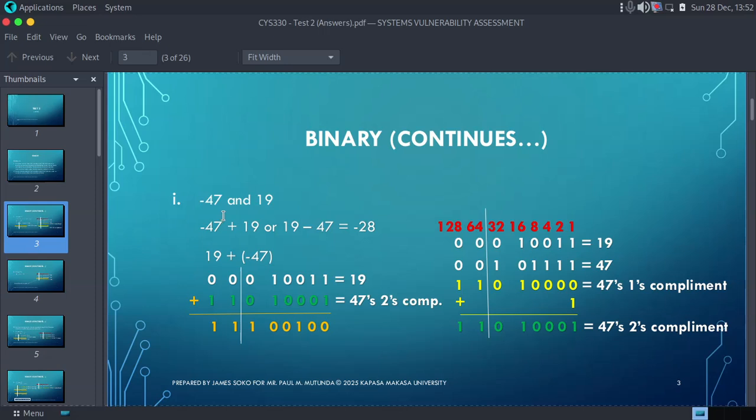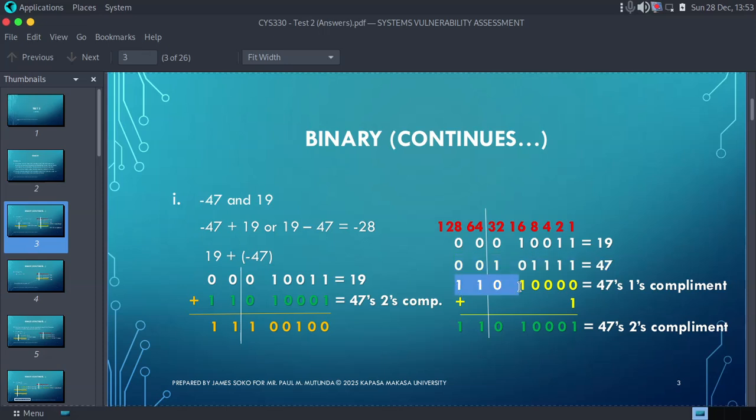So now what we had to do at first is that we know this is negative 28. Then we had to convert this 19 into a normal procedure, which is not affected by binary, which is giving us this 19. But remember, 47 was affected by the complement because it's a negative number. So we first converted 47 into normal binary.